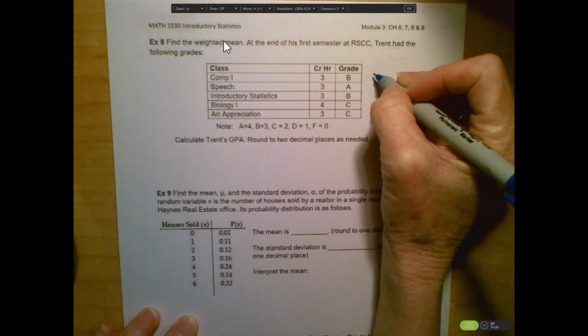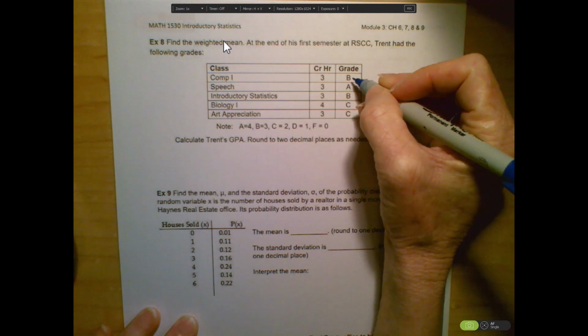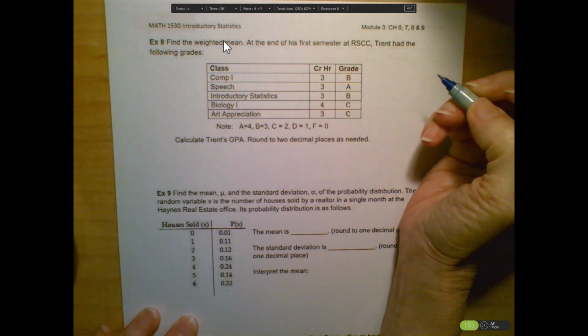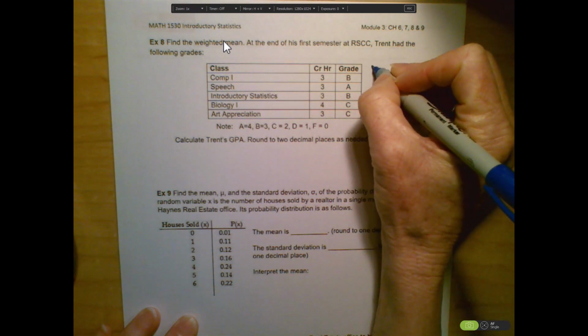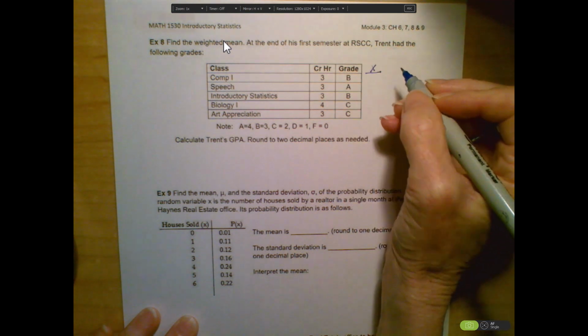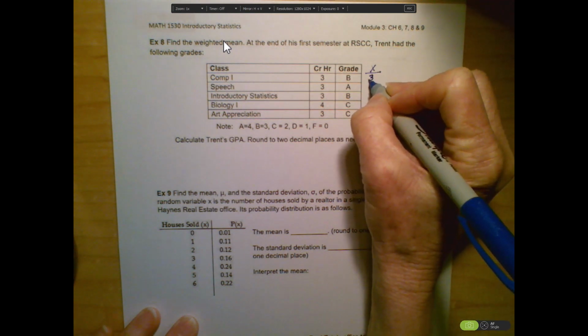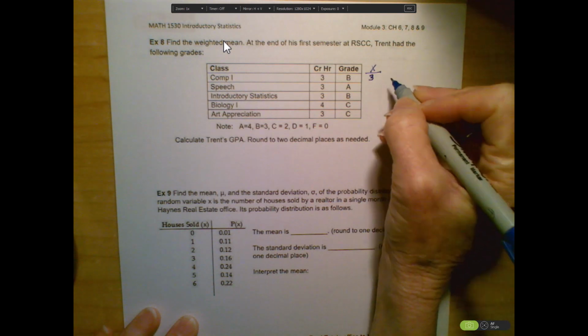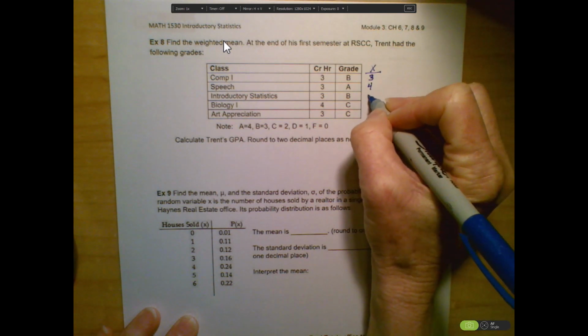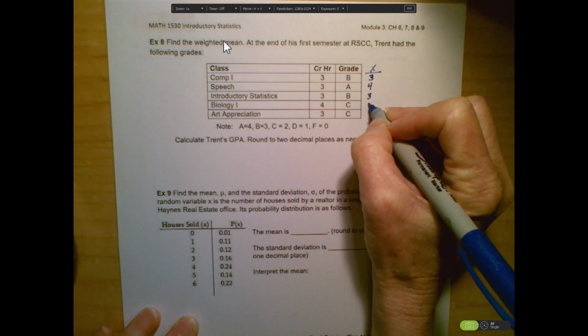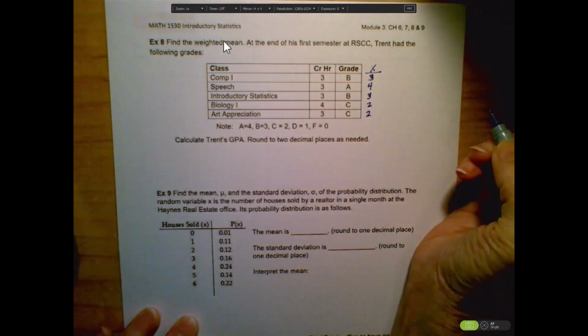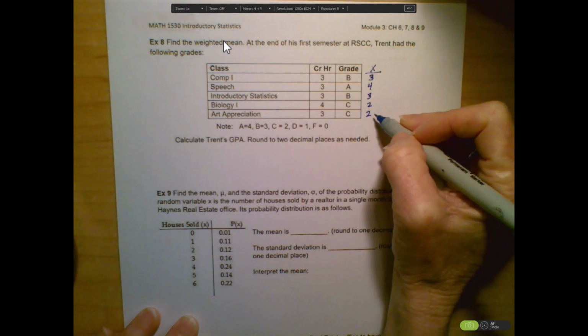So we can make our column here, and the grade is Trent's random variable x. So I'm just going to make an x here and list the x's. For a B, that translates to a 3. An A is a 4, so a 3 here, and a 2 for C, and a 2 for C. So those are the random variables x.